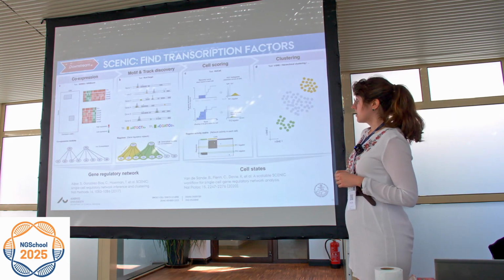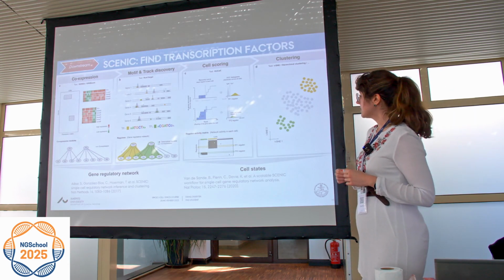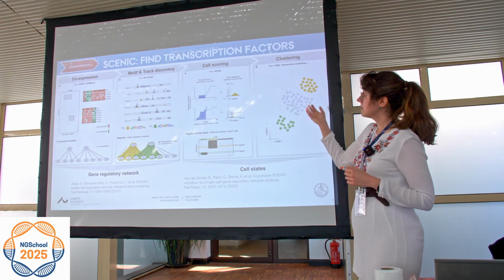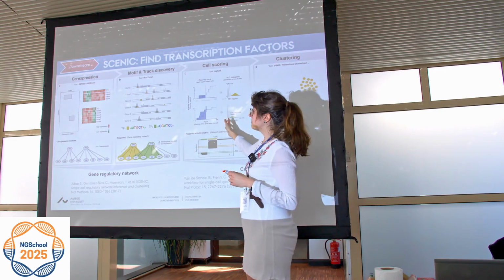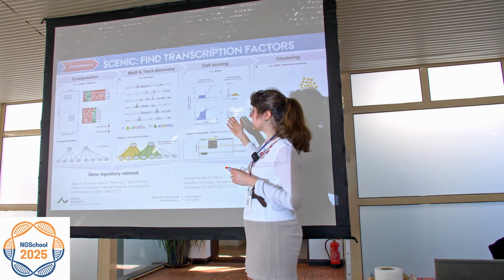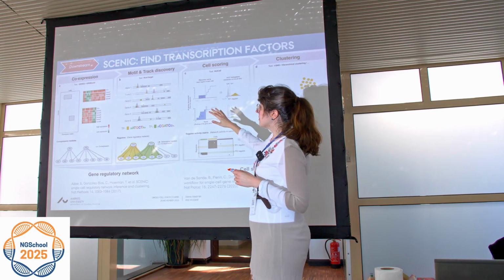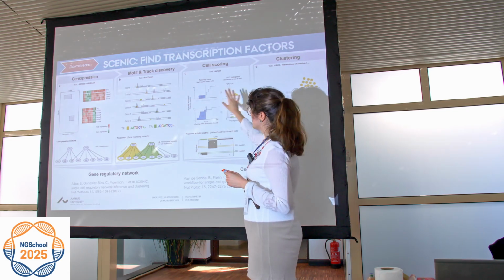Gene regulatory networks are actually a very cool thing, mostly used as SCENIC. You need to have some preliminary data, but these databases are available. Basically there are steps to do that.